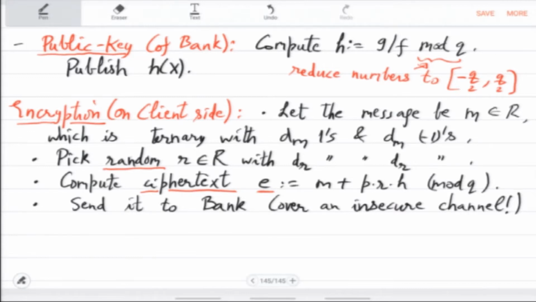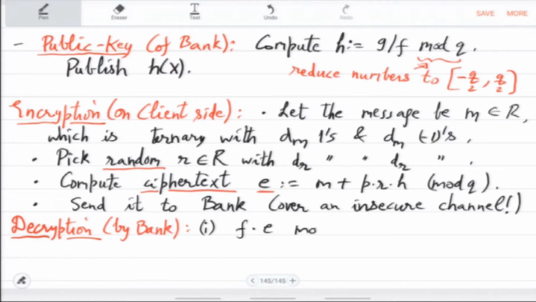Now, how will the bank find out m from e? So that is the part of decryption. So the bank will use the following steps. The bank will multiply e with f, mod q.